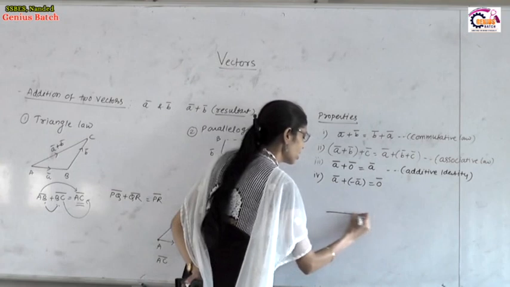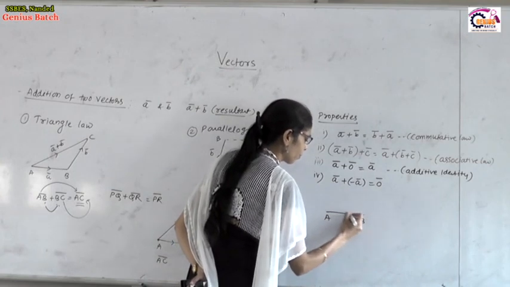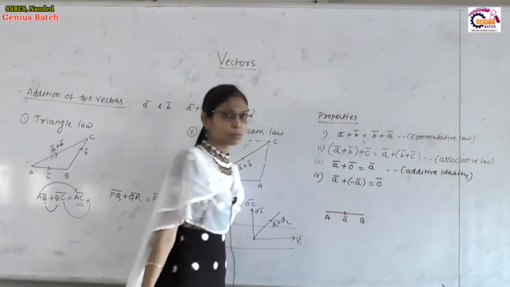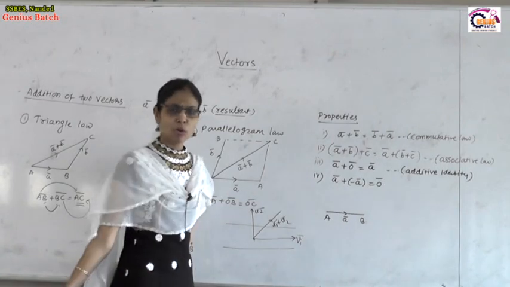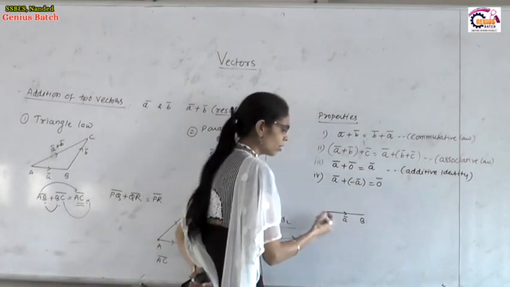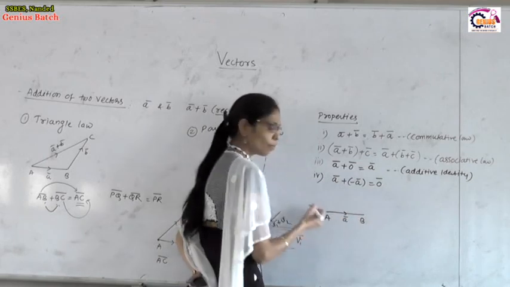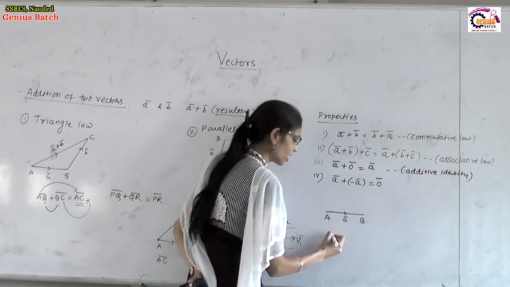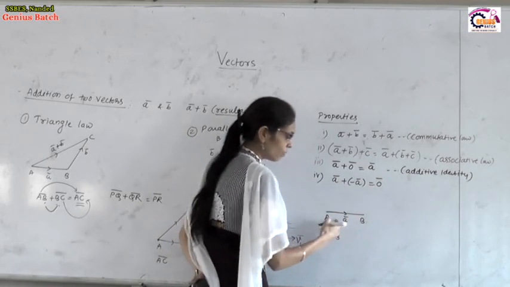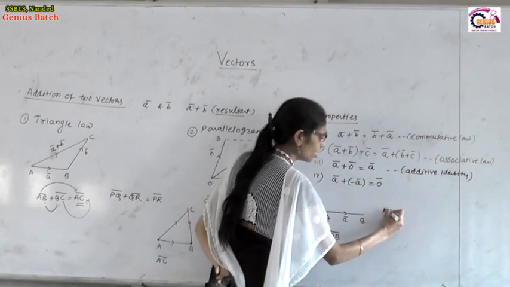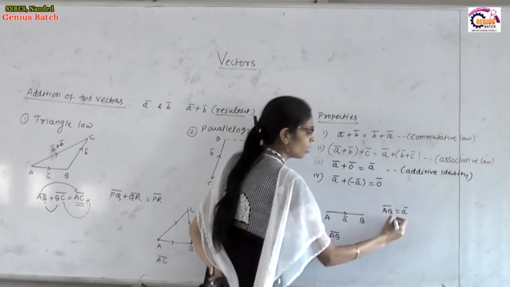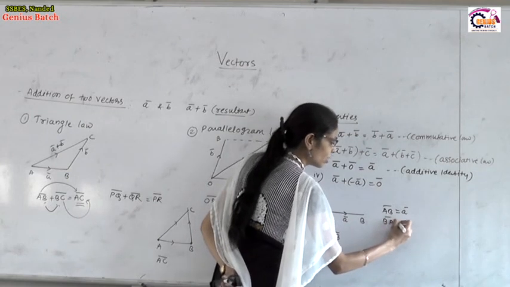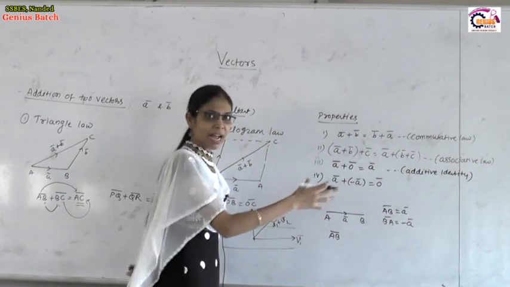Now see, this is vector A. Suppose vector A is represented along vector AB. Then minus AB will be BA. If AB is equal to vector A, then you know that BA is equal to minus vector A.